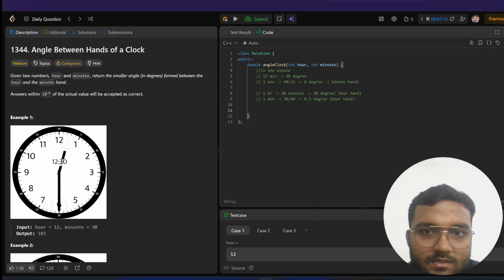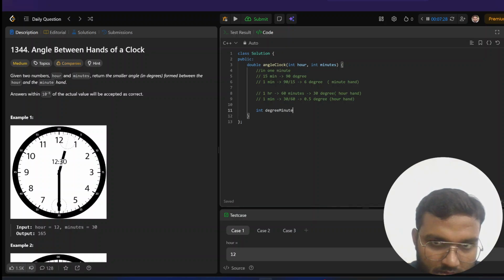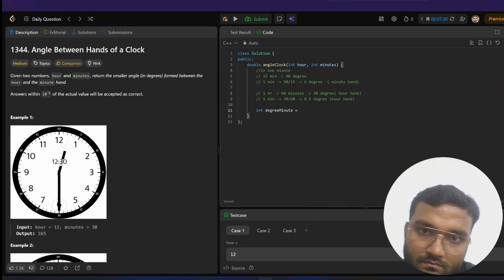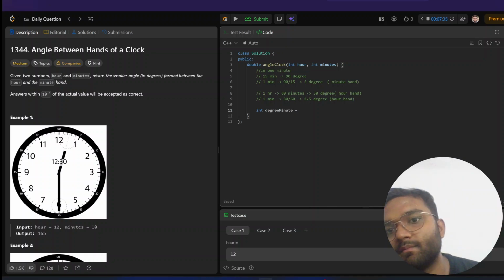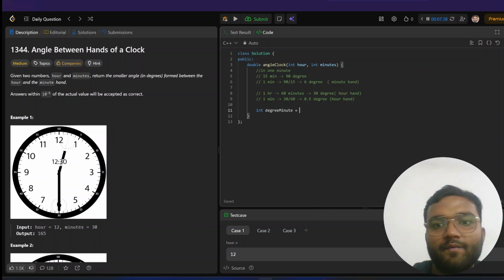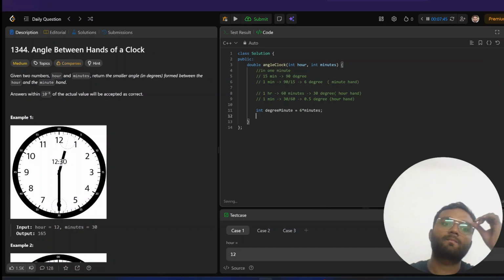Now I can calculate the degree of the minute hand. Since there is 6 degrees in 1 minute, we can simply multiply 6 into the given minutes. We get the degree of the minute hand, how much it has moved from 12.